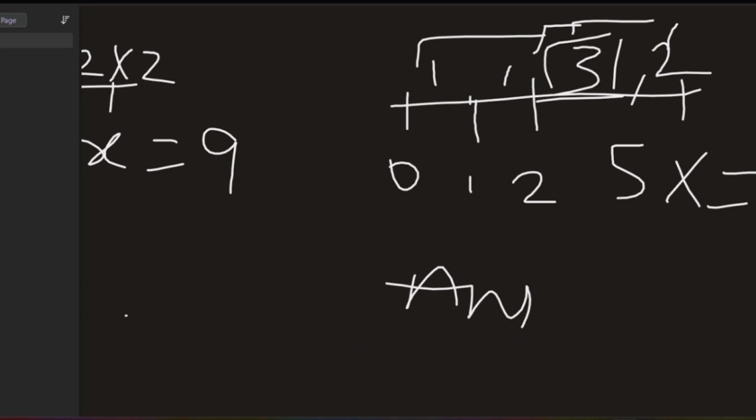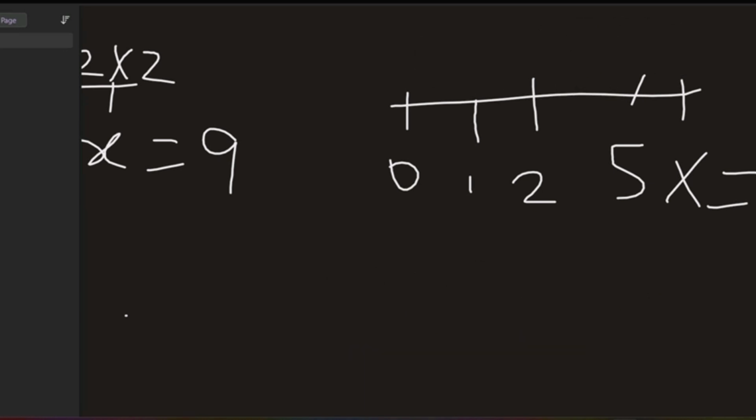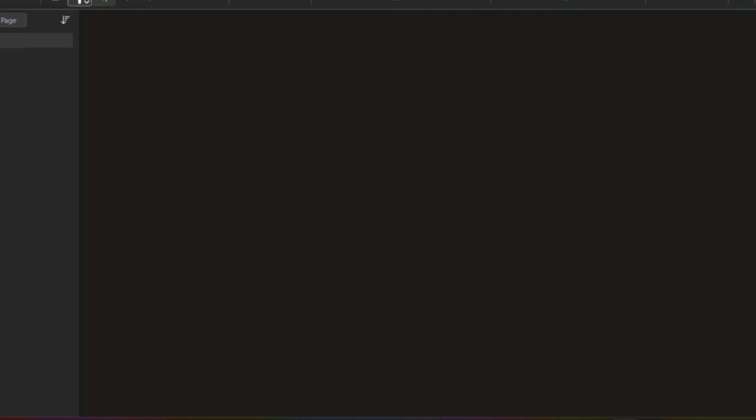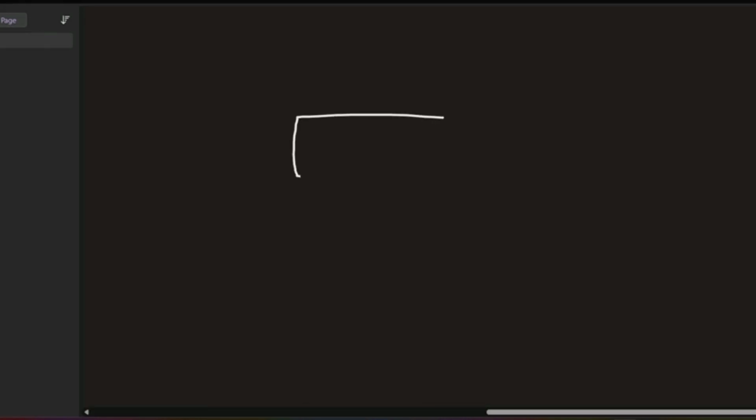Hopefully the approach would be simple for this question. Okay, so what I am going to exactly do in the question is this. Suppose I have a vector.